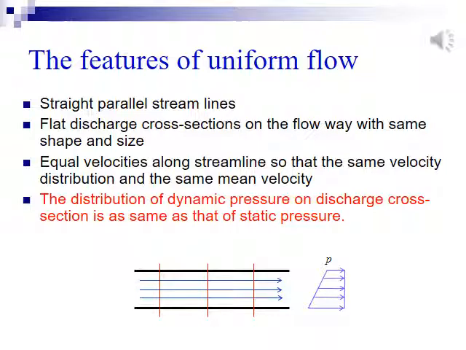The dynamic pressure on a uniform flow cross-section has the same distribution as the static pressure. It is the linear distribution as shown in the picture. In other words, on a uniform flow cross-section, piezometric head is constant.